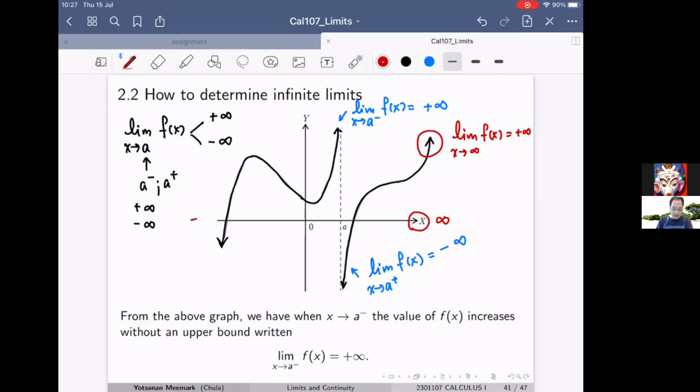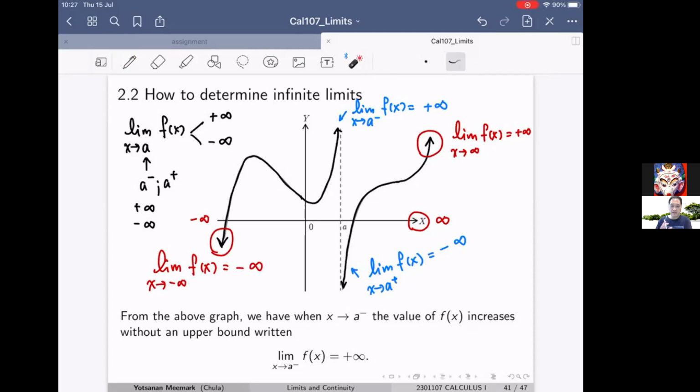And if you look far on the left, you see that your function keeps going down without any bound again. So as your x goes to negative infinity, the function values also go to negative infinity.